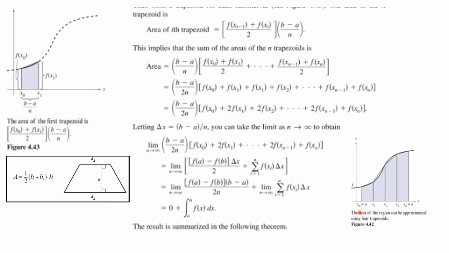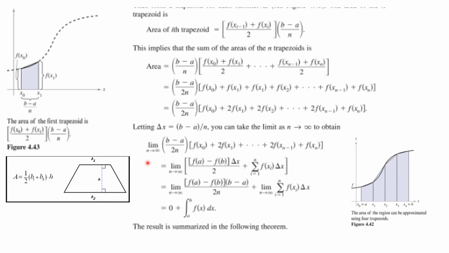For example, looking at the picture down here, this first vertical line is only involved in the first one, but this next one is involved in this side and this side. So you see you have f of x1 plus f of x1. f of x2 is also repeated, and the only one that's not repeated is the last one. So we're going to have (b minus a) over 2n, but each of these is going to have a 2 except for the last one.